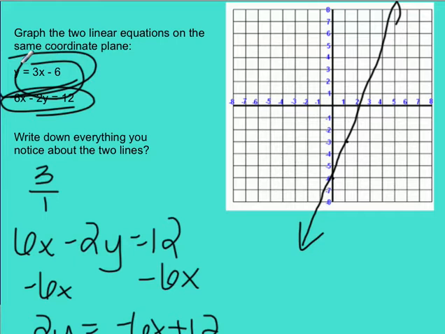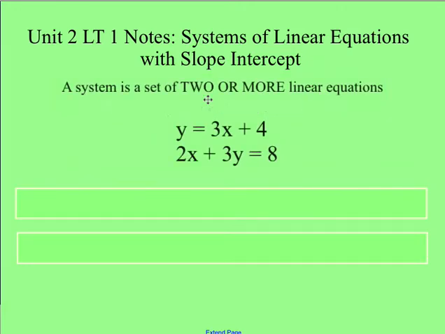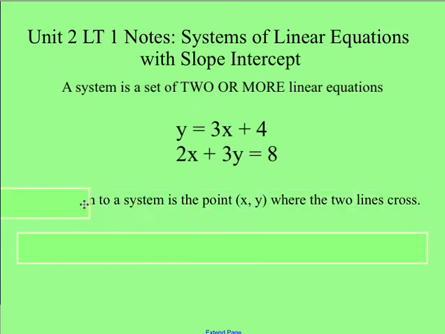Next, let's take a look at systems of linear equations. Here are some things we need to know about systems of linear equations. So what is a system of linear equations? A system of linear equations is a set of 2 or more linear equations. Okay, so you don't have to write that down. The next 2 is what you'll put in the box.